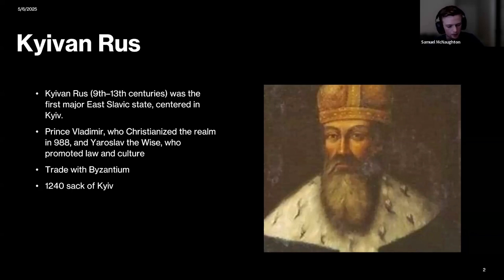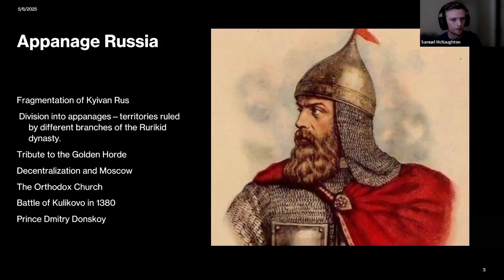like all great things, it has to come to an end with the Mongol invasion from the 1230s to 1240s, and in 1240, it sacks Kiev. But the Mongols are not particularly interested in expanding their territory, but instead naturally it becomes fragmented.